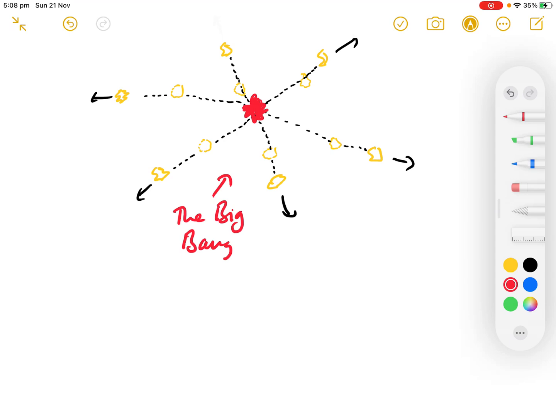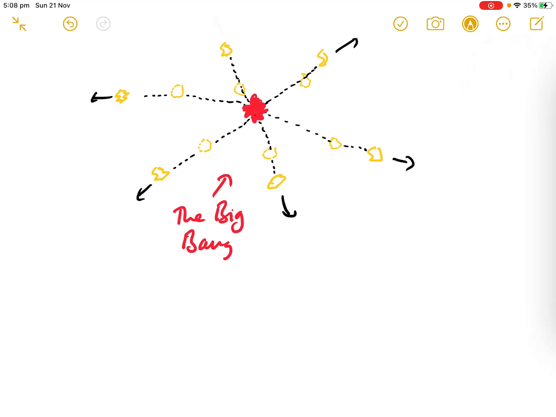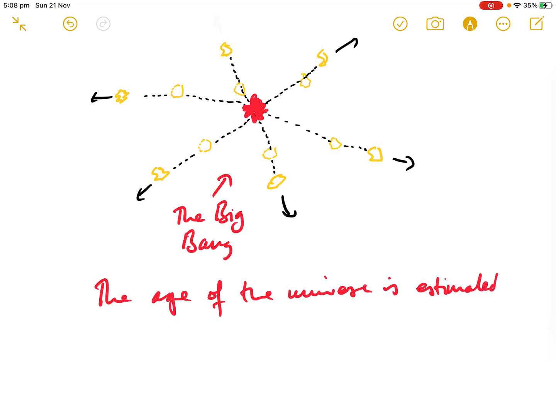And that Big Bang, we reckon, took place about 13.8 billion years ago. So the age of the universe is estimated to be 13.8 billion years old.